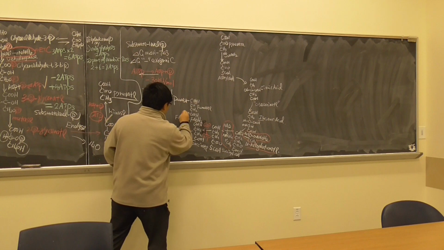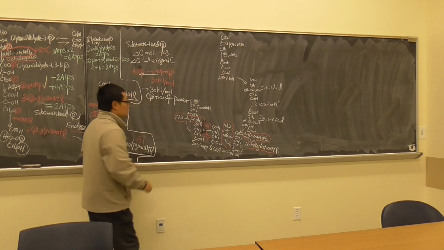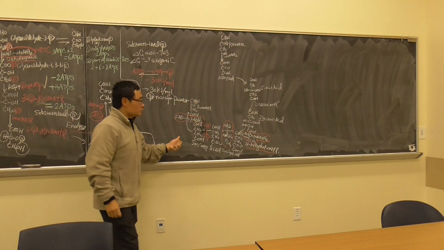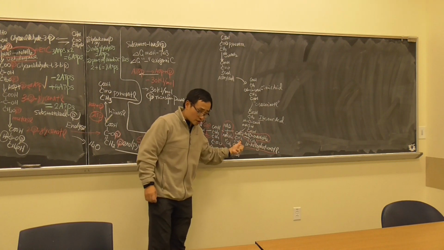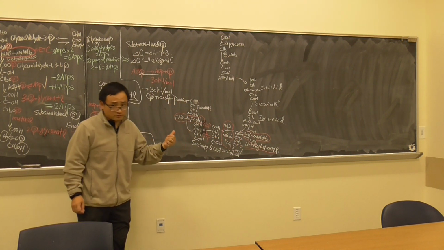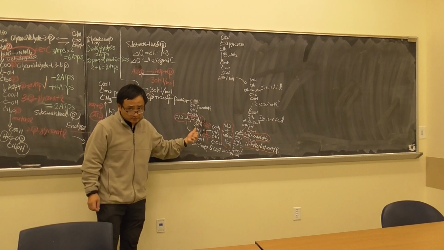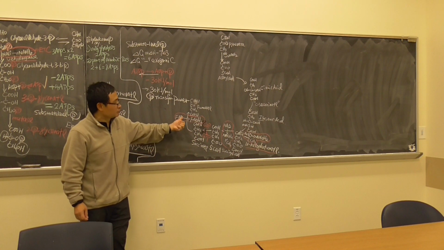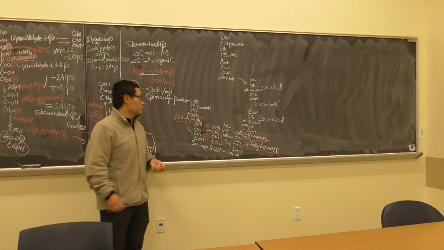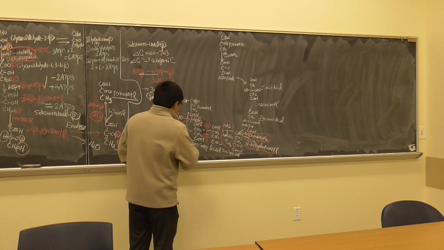I'm not going to spend any time to explain this, but you should know, in addition to NAD reduced to NADH2, there is another very important electron carrier, a flavin adenine dinucleotide, FAD reduced to FADH2. So it generates the fumarate.